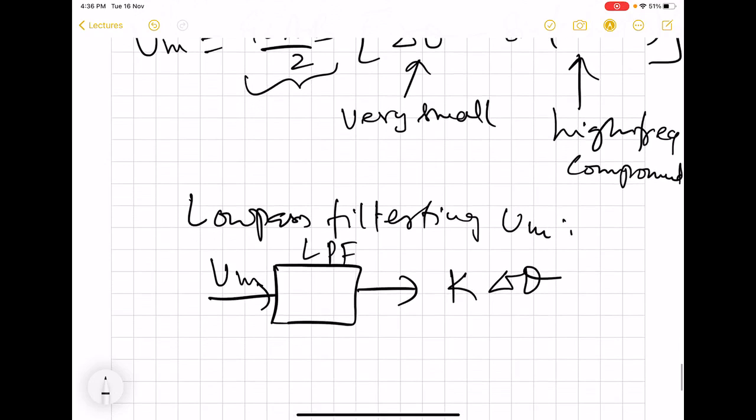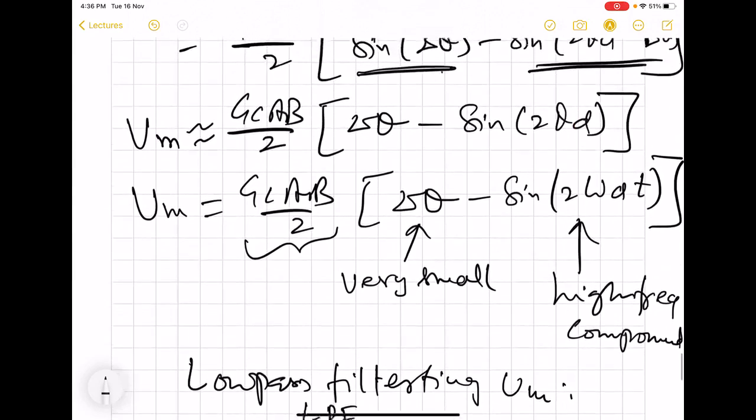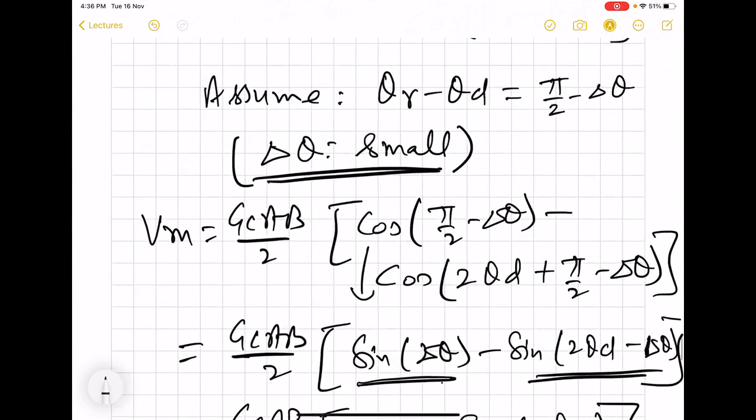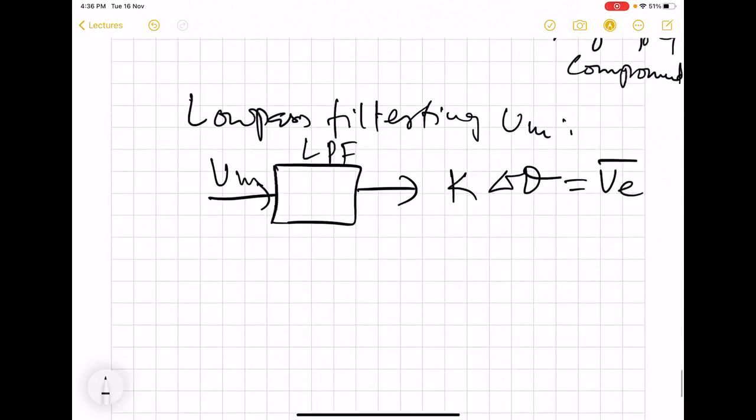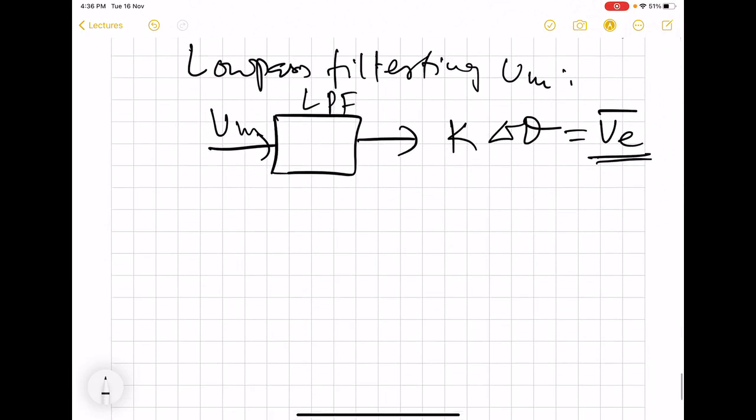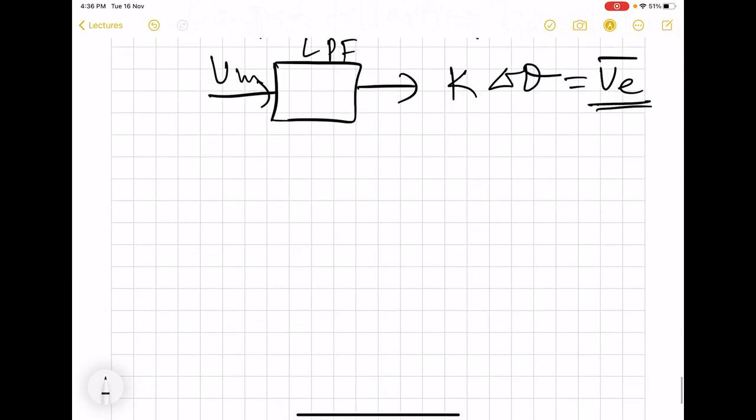So now we will have an output voltage, and this voltage we can call VE bar. So using this mixing, and under the condition that the two signals are almost at 90 degrees, we will be able to produce a voltage which will be proportional to the phase error, that means the orthogonal type of phase error.